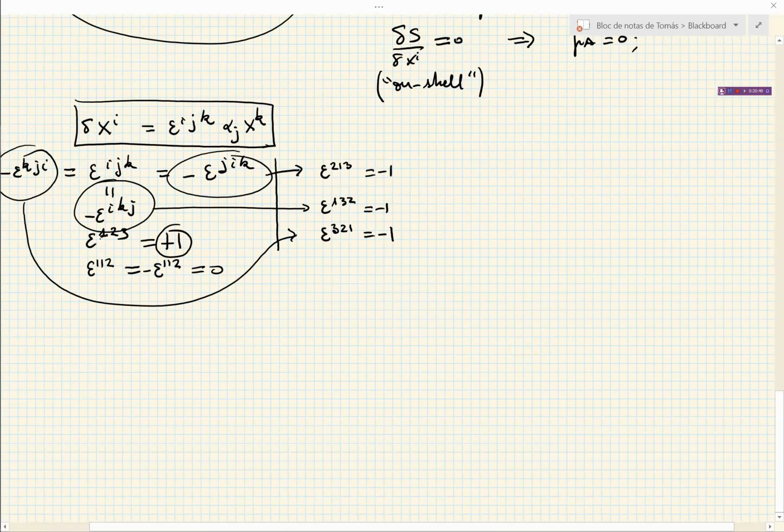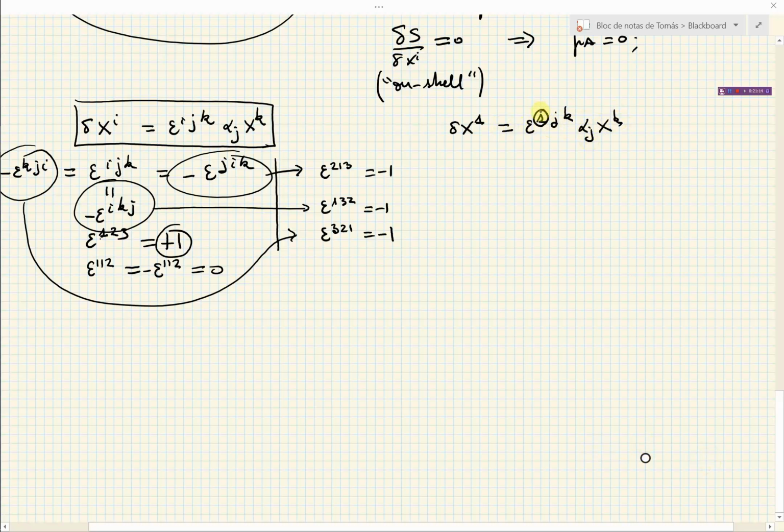Okay, so now that you know what this epsilon is, let's see, for instance, what happens for delta x_1, how it transforms. So this is epsilon_1jk, alpha_j and x_k.